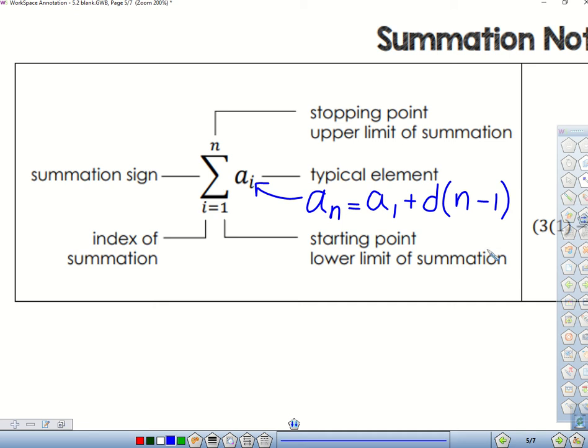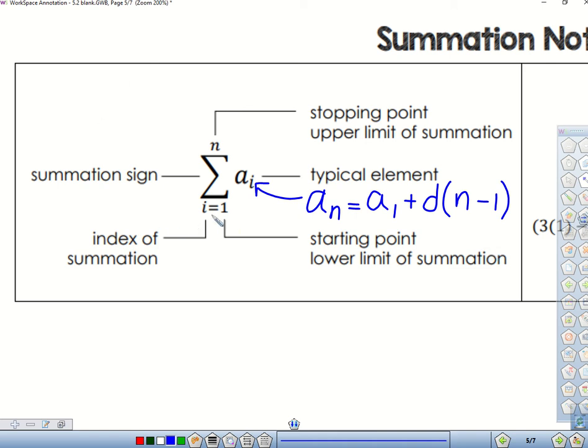Now that you see this, does this formula look familiar to you? Yeah, where have you seen it before? Yeah, it's the same formula we use for explicit sequence, right? Because sequences and series are related, a series is simply a sequence but all the terms added up. So we just calculate the term of the sequence and add it to the next term. That's basically what the summation tells you.